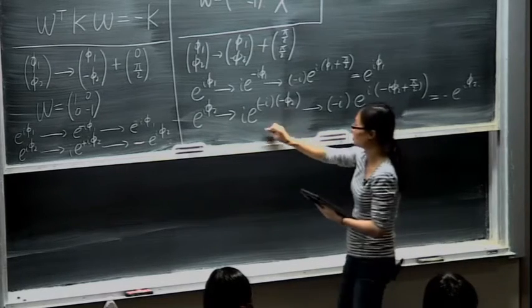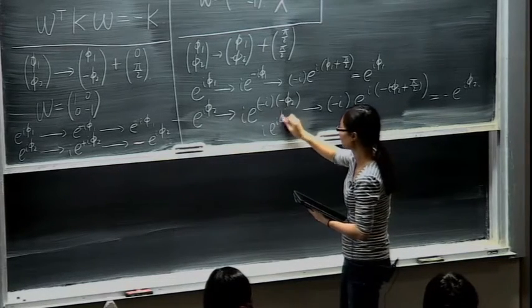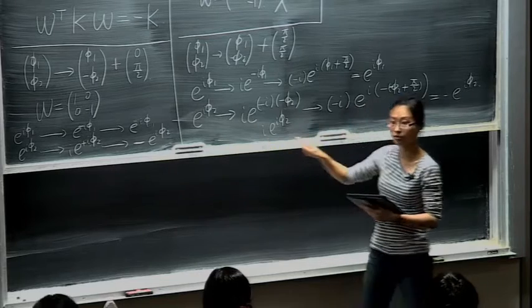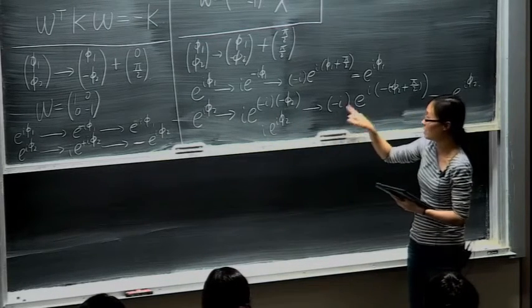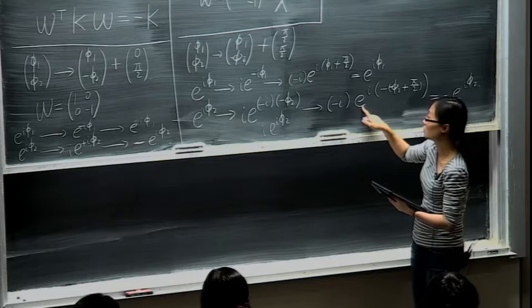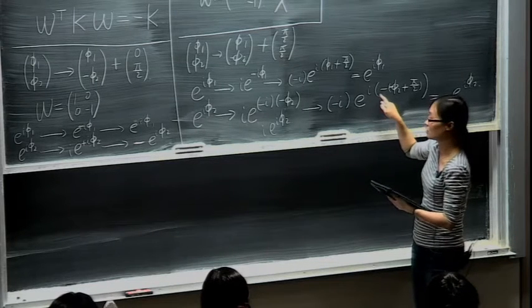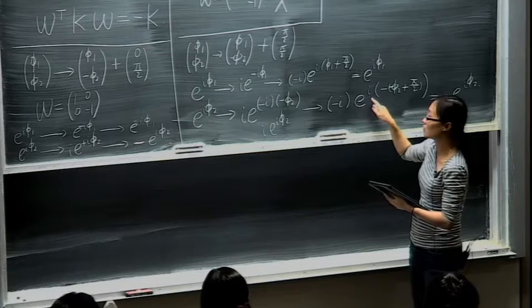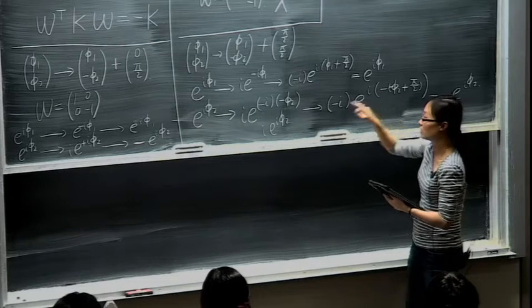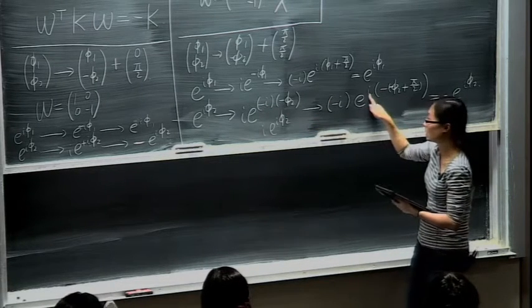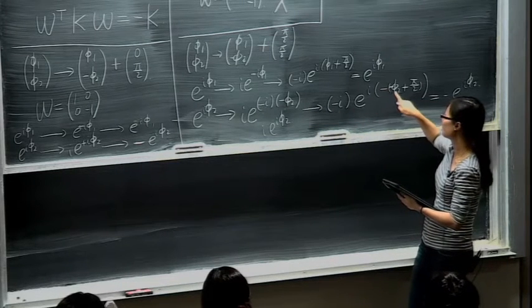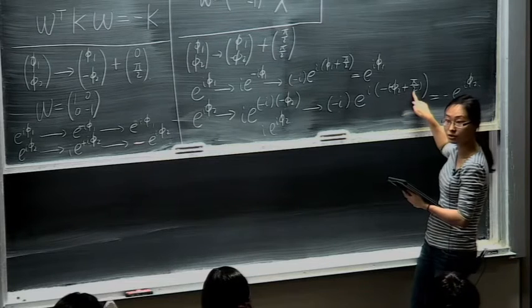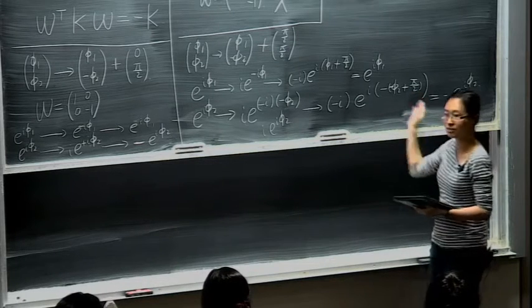And let me just first combine everything. So there's just an I in front. And then we do it again. So I goes to minus I, e to the, right, there's the minus sign. Right, so this is minus I going to I. Minus phi 2 goes to minus phi 2 plus pi over 2. So you just write everything out very carefully.